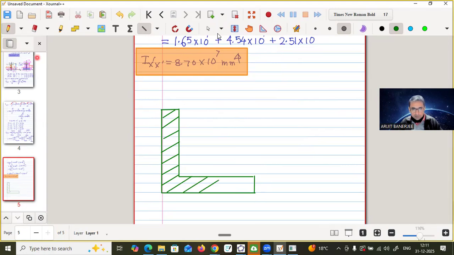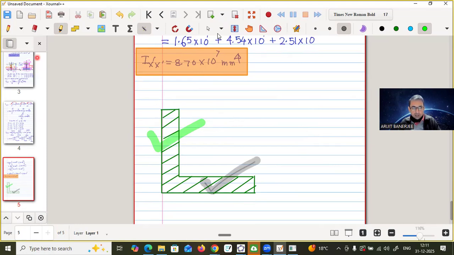Because for this area and for this area, the centroids, that is the x coordinate of the centroid, are different.